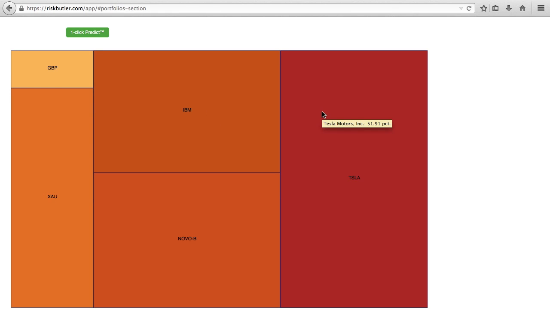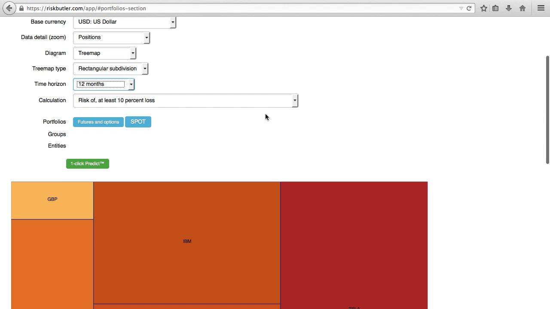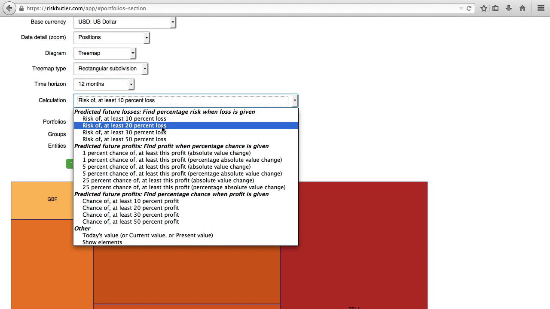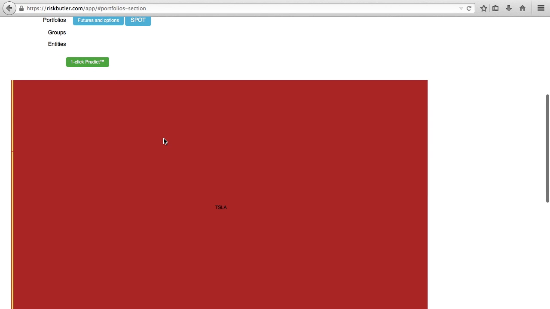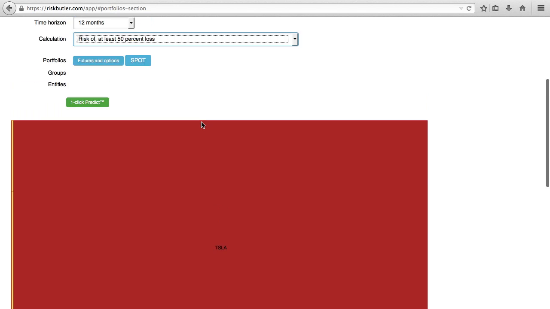The Tesla, on the other hand, has more than 50% chance of losing at least 10% in 1 year. We could also change this measure here and look at the risk of losing at least 50%. And here it's the Tesla share that is the dominating position, and we can see that it has a risk of at least 13% chance.